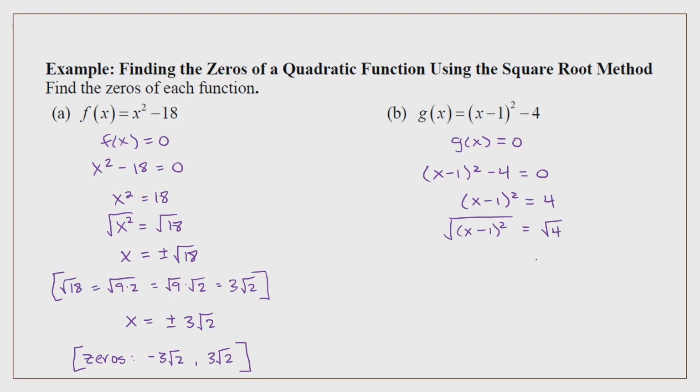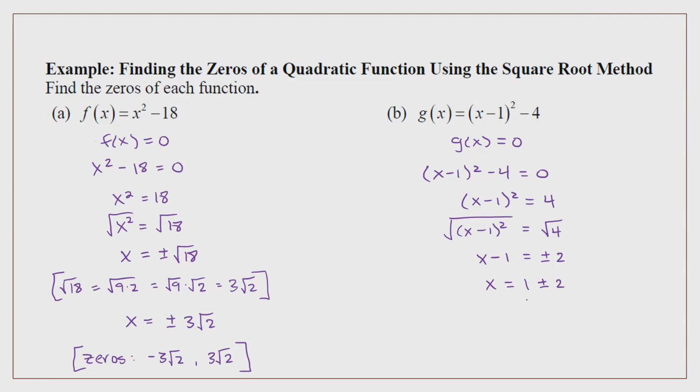In taking the square root of both sides, we've now eliminated that square. So that leaves us with x minus 1 equals plus or minus the square root of 4, which is 2. To get x by itself, we're now going to add 1 to the other side. So x equals 1 plus or minus 2.